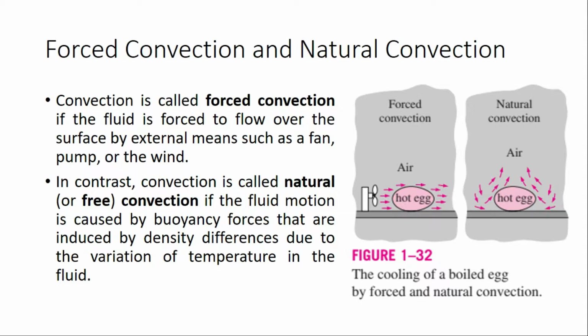Now in this example, if we provide some external means, in this case a fan to cool down this hot egg, then the heat is being transferred from the egg to the surrounding air by forced convection. This process will be known as forced convection. And on the right hand side, no external means is being provided to cool down this hot egg, so this process would be known as the natural convection process.